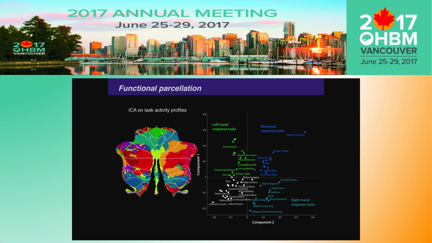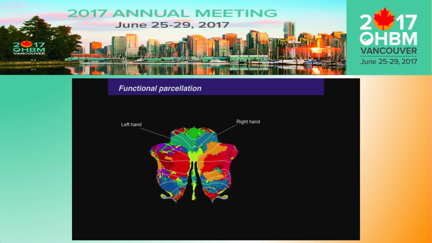So we can go through now and look at the functional profile of each of these components. You see the motor networks. We have a clear ocular motor or attention network in the middle. We have an action observation network, verbal fluency, right hemispheric. And we have a number of functionally related components that all relate to higher order executive function, and the lateral components of Crus 1 and Crus 2.